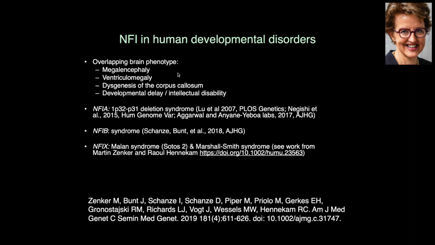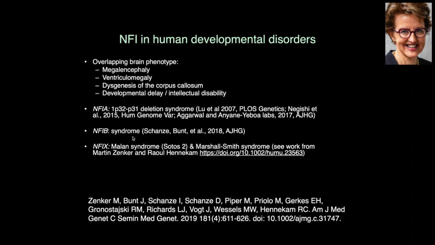And in humans, there is this overlapping brain phenotype with the mouse models, and there are different syndromes associated with each family member. This 1p32, p31 deletion syndrome. There's an NF1B syndrome that our group, together with colleagues around the world, have been looking at.